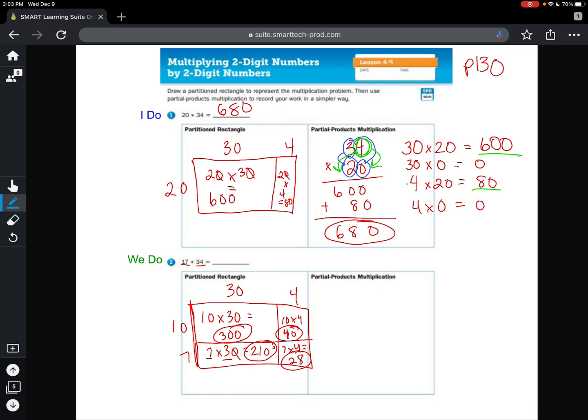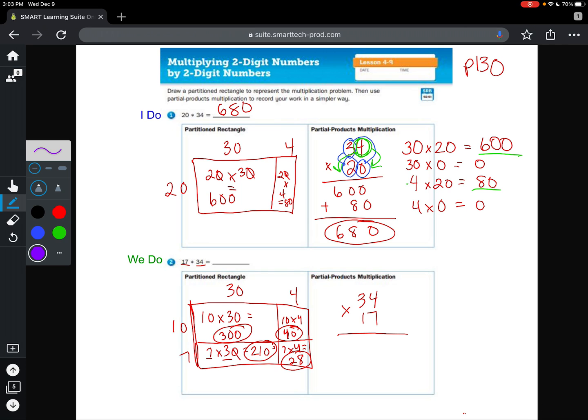But now I want you to watch as I do partial products. I'm going to line it up as 34 times 17. I like to put my larger number on the top.